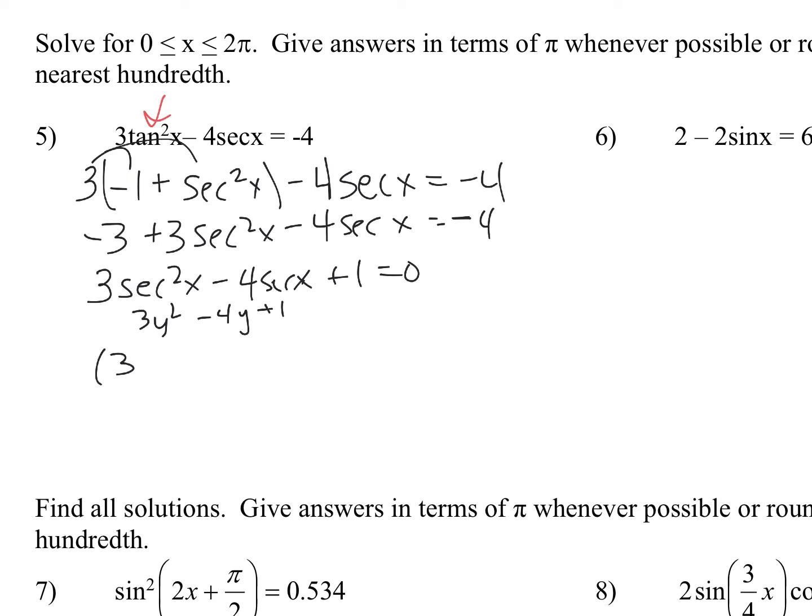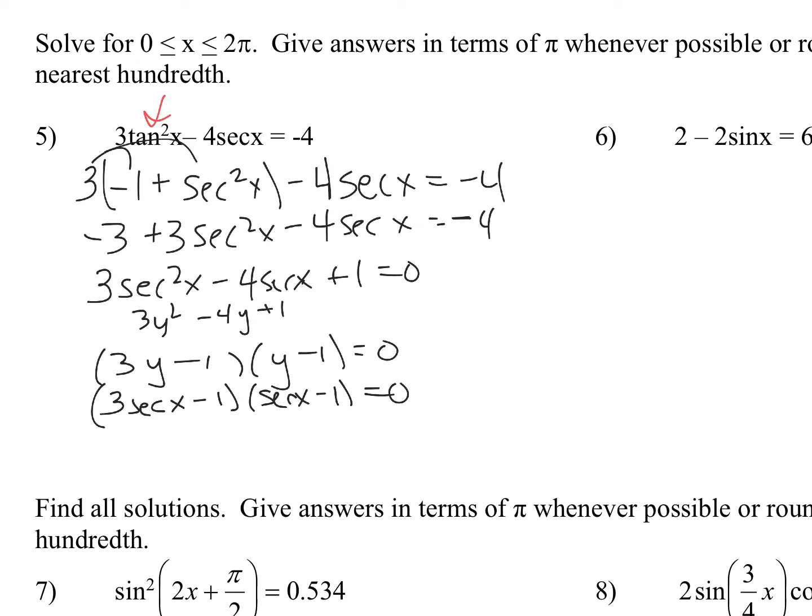It's factorable like this: 3y minus 1, y minus 1. So we can convert this problem back to the secants: 3 secant x minus 1 and secant x minus 1. So it gives me these 2 options: secant x equals 1/3 or 1.